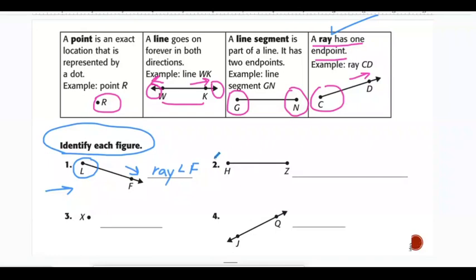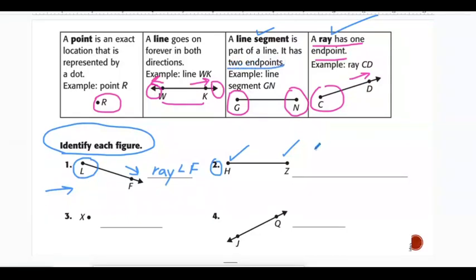Question number two. You can see that in question number two, it has two endpoints, H and Z. So it's called a line segment. A line segment is a part of a line. It has two endpoints.